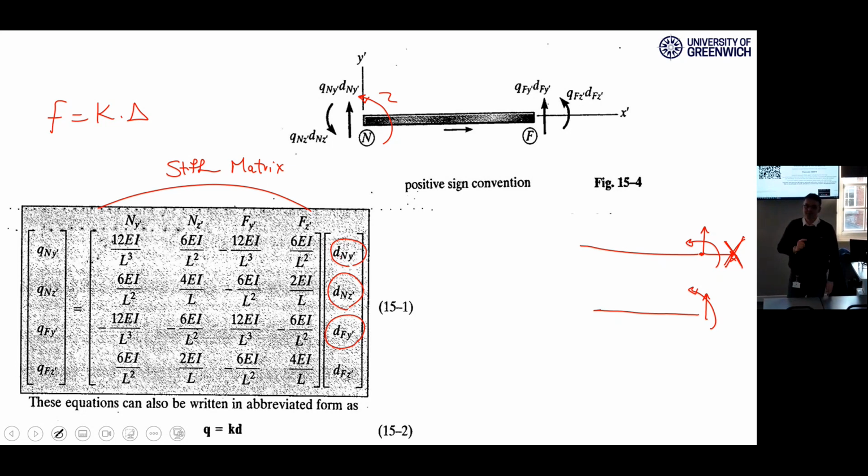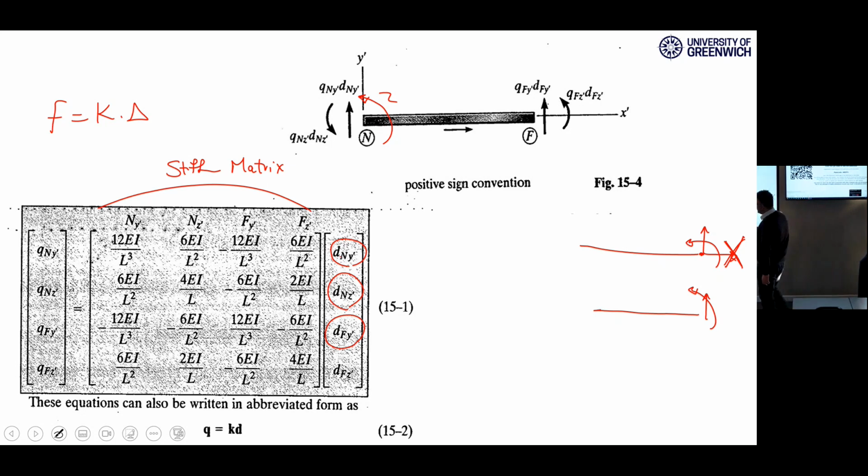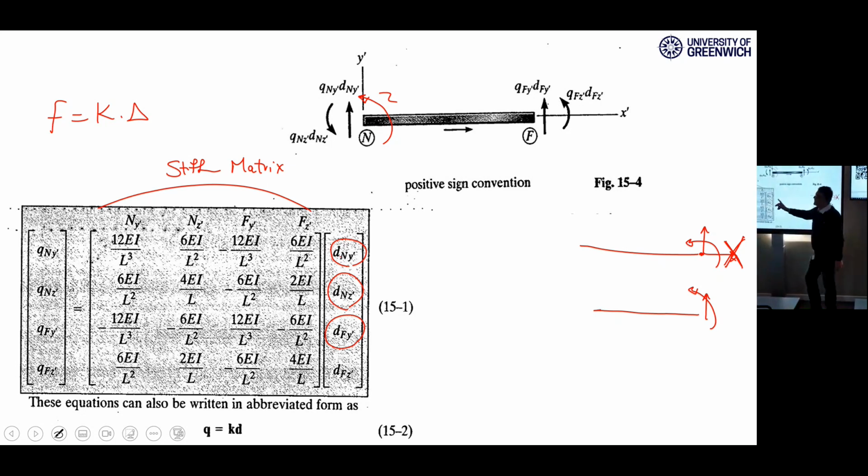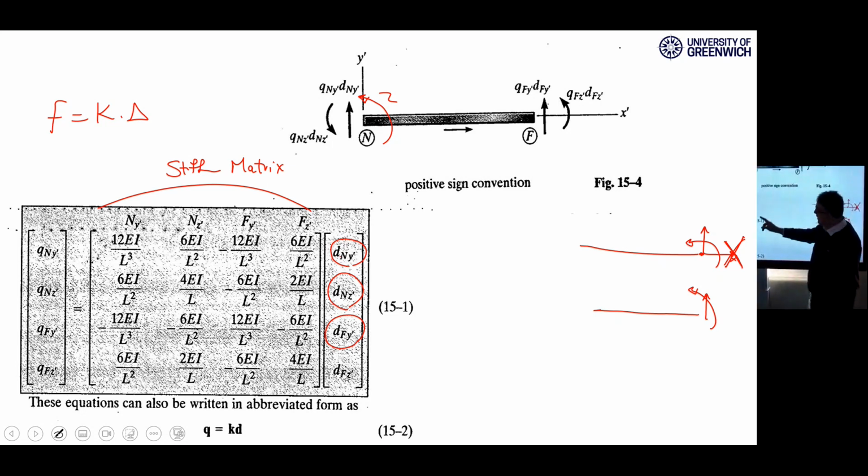He just woke up. This is the best way to wake somebody up. D means deformation, okay? F means far end. This is far end. This is near end, okay? Y prime means the axis Y prime. Axis Y prime is vertical. So it means this deformation, okay?